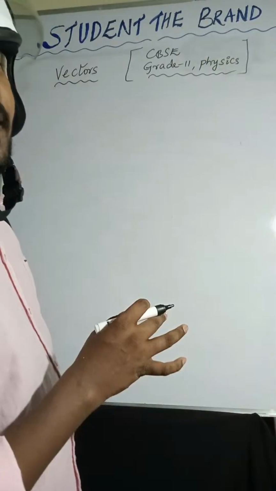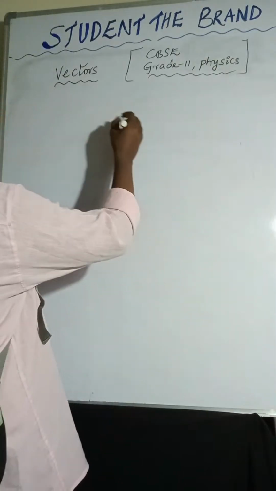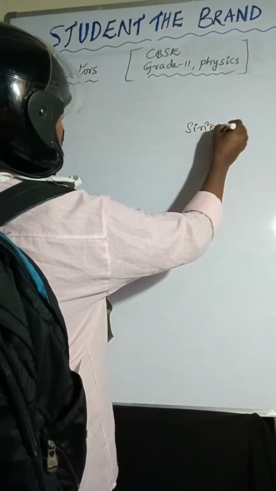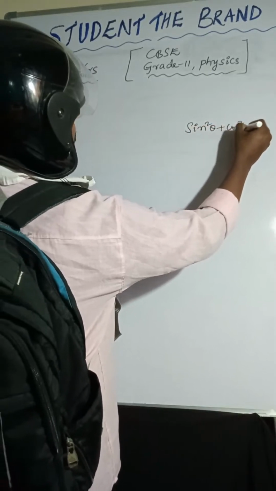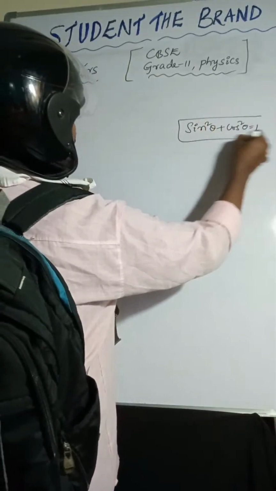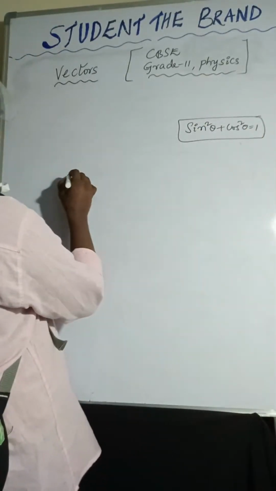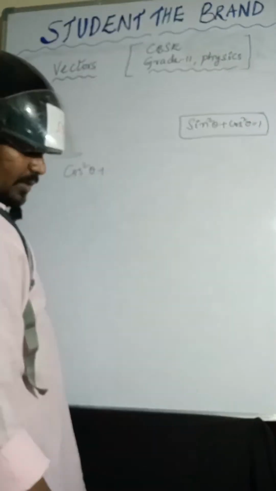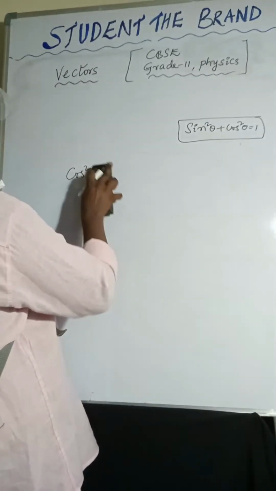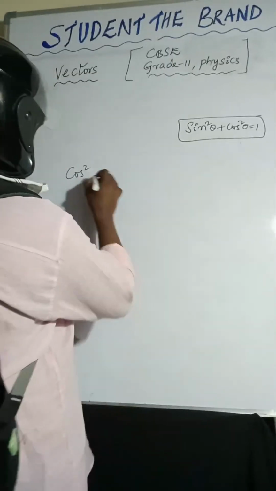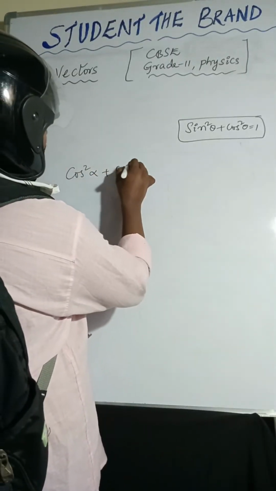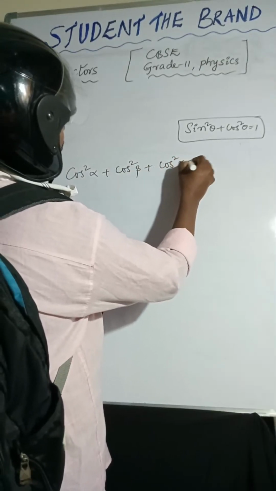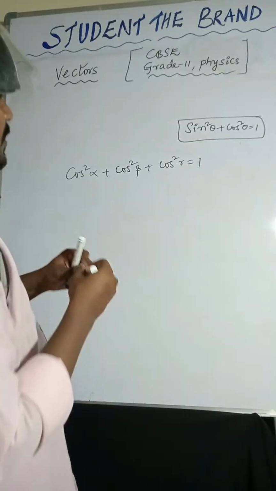Now you can see here. We know sine square theta plus cos square theta equal to 1. Yes or no? Now cos square alpha plus cos square beta plus cos square gamma equal to 1, we know from this.